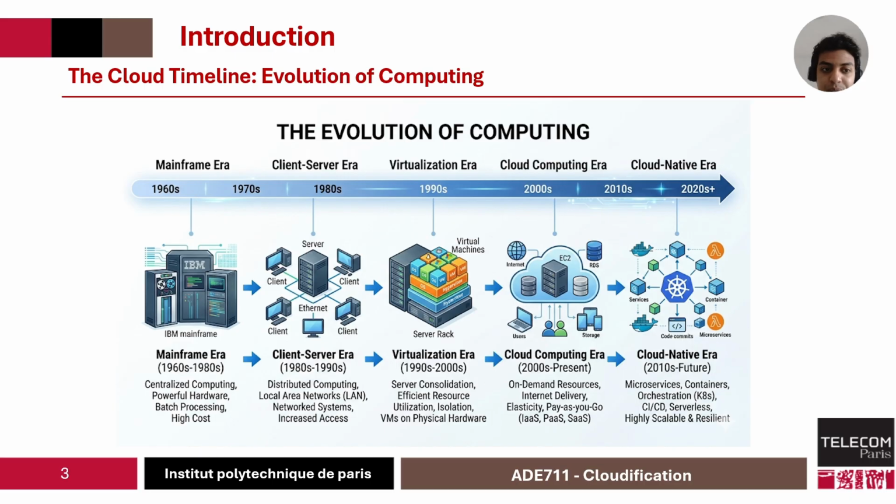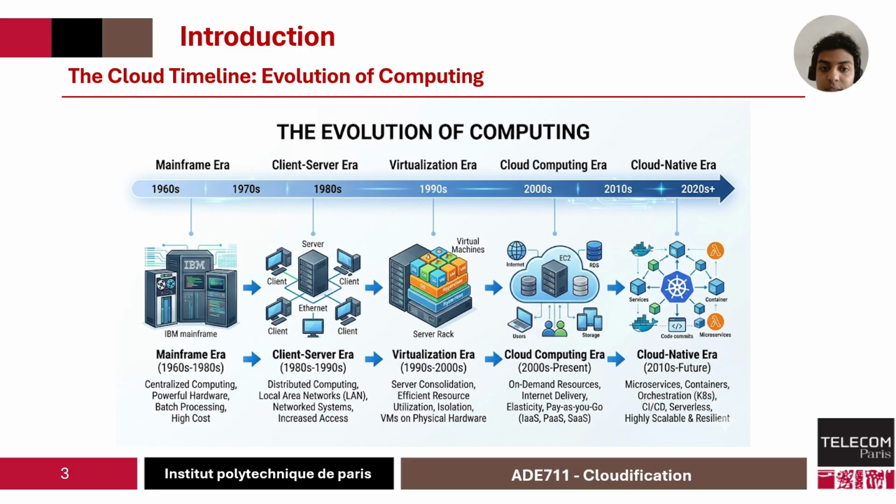It was developed by the U.S. Army, and it was a very big machine, the size of a room actually. And in 1980 we started to have the client-server era. It's when we start to have a machine in the center that serves other machines.